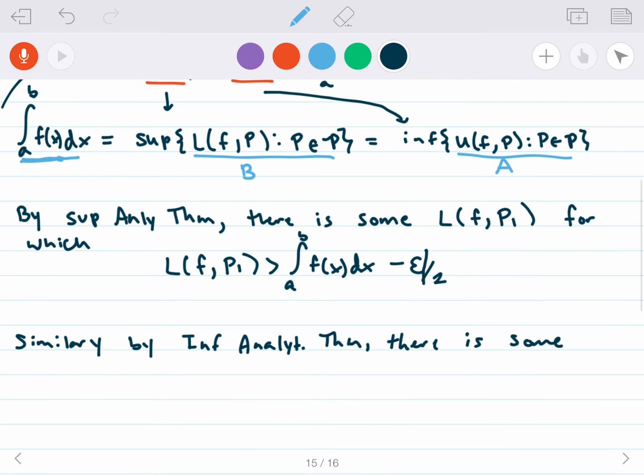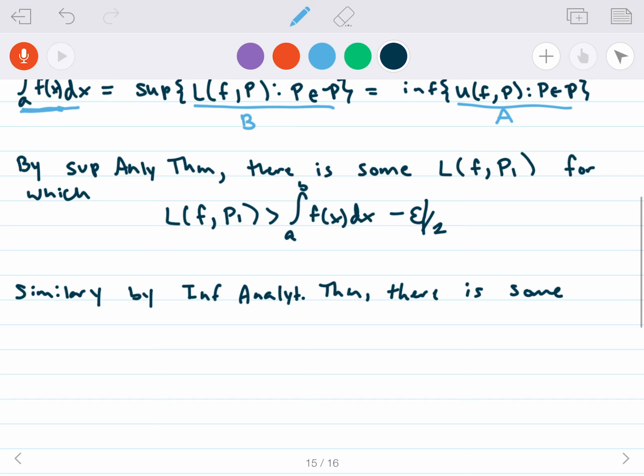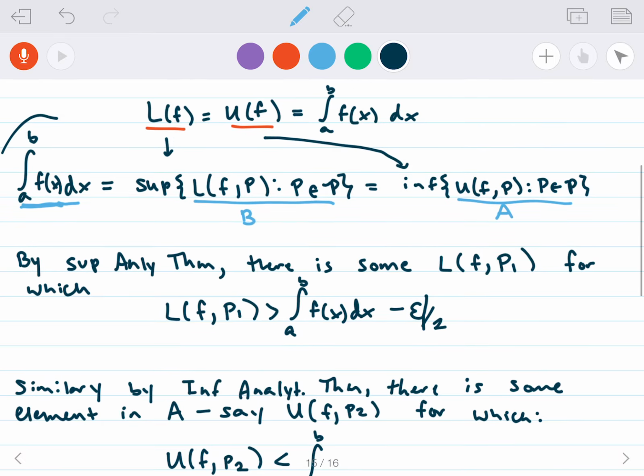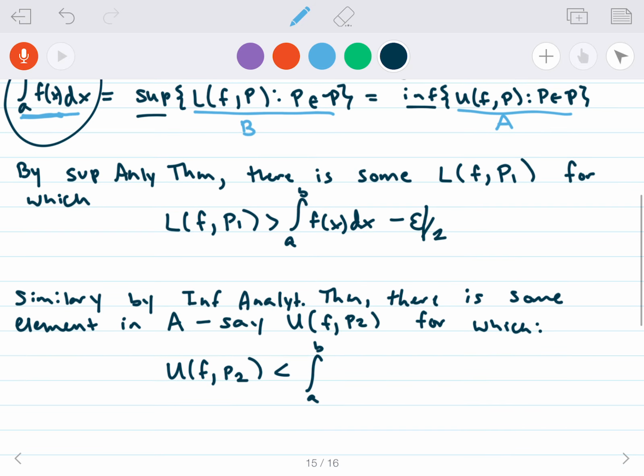So there is some element in A, say the upper sum of f,P2, for which this holds. So U of f,P2 is going to be less than the infimum. This guy is the sup and the inf of their respective sets. So this is going to be less than the integral of f of x plus epsilon over 2.